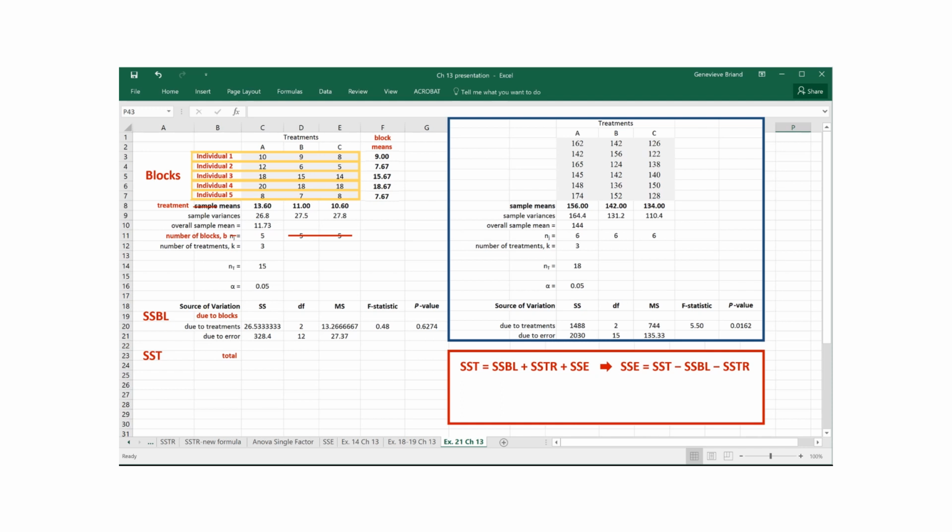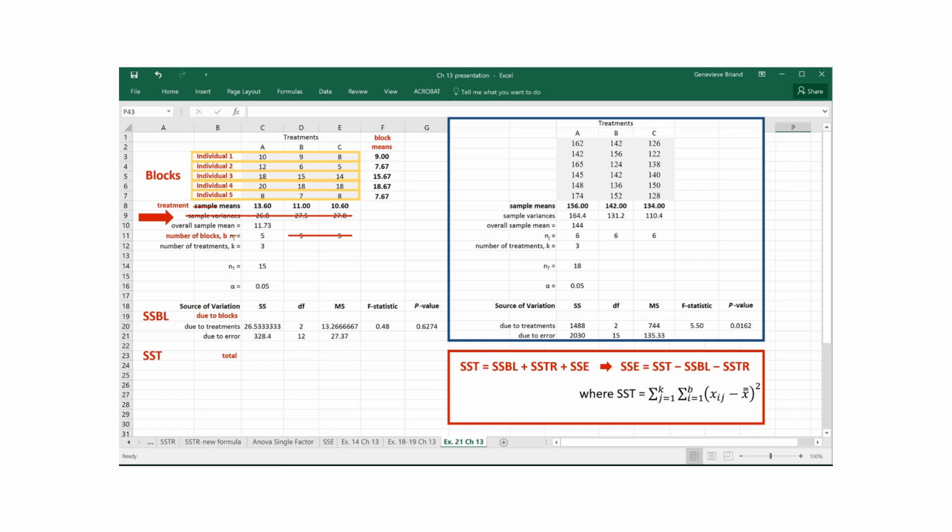So whatever is not explained by the assembly method or the individuals. And SST, the total sum of squares, is simply the sum of the squared deviations of each value in our data set from the overall mean. So you can see that's easy to read now, right? That we have practiced with the other equations.